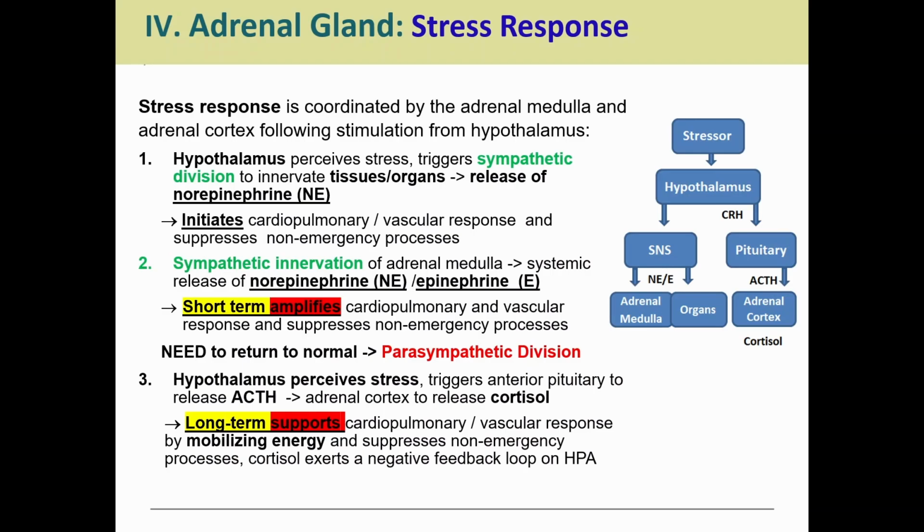So basically, we're preparing our heart, our lungs, and our muscles to immediately respond. Everything else, like digestion, we are going to suppress, right? So we do that first. The sympathetic innervation of the adrenal medulla then allows us to release these hormones. This is going to amplify the cardiopulmonary and vascular response and suppress all the other things we don't need.